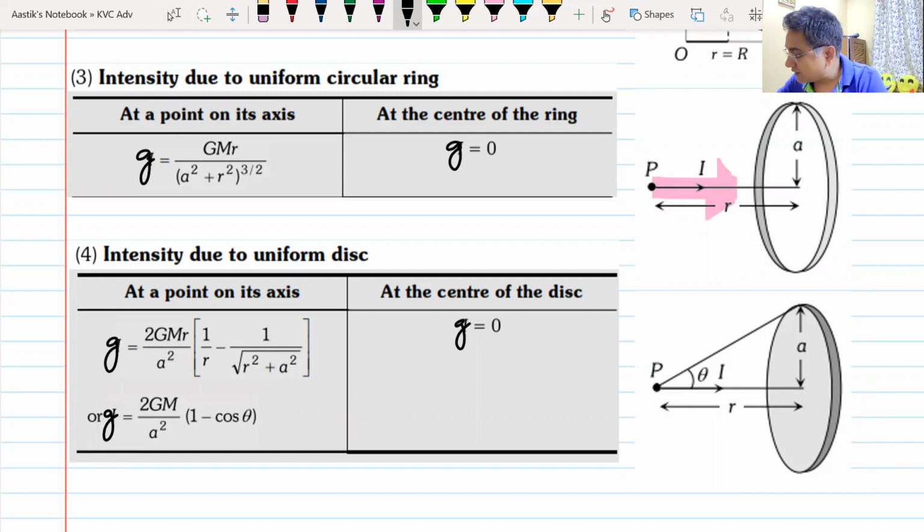If I take this as a cone, you understand? I can think of this as a cone. Yes or no? Yes, sir. So this theta becomes the semi-vertex angle of the cone. Yes or no? Yes, sir. Semi-vertex angle theta. So these are the two or three important formulae that we might have to use.